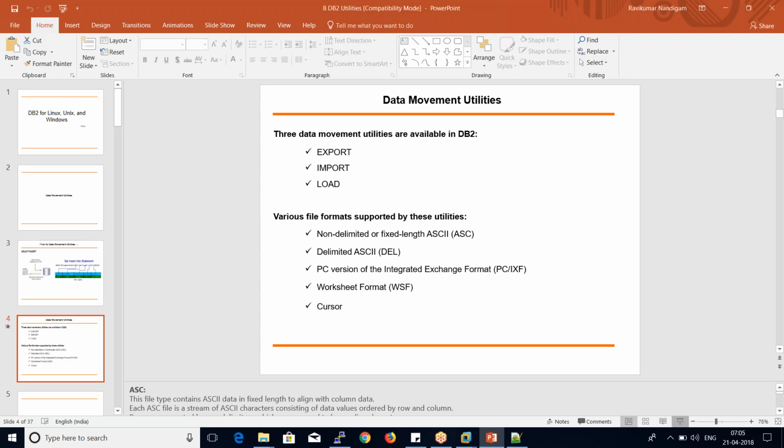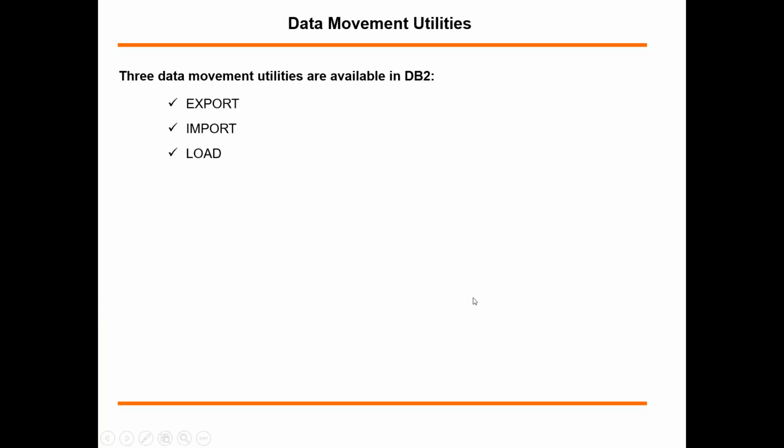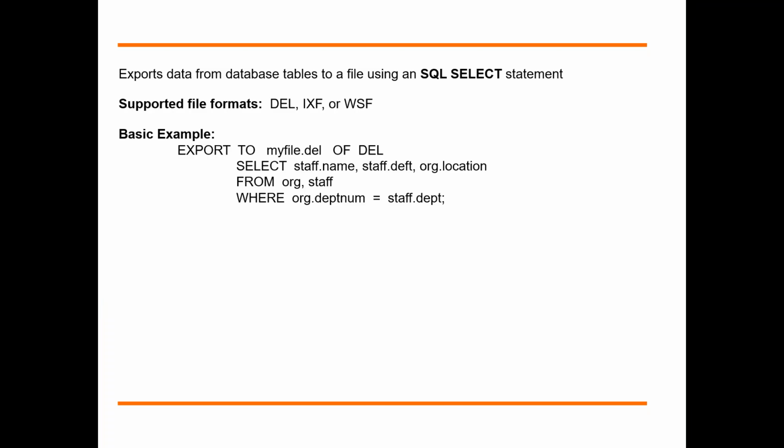No, Ravi. Okay. Now let's get going with the export command. Export is a way I can take data out of a database table or multiple tables. It exports data from database tables to a file using an SQL select statement. It indirectly does the same select statement, but it gives me a little more extra options.